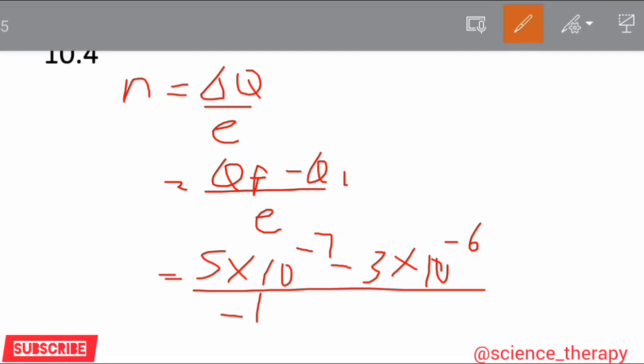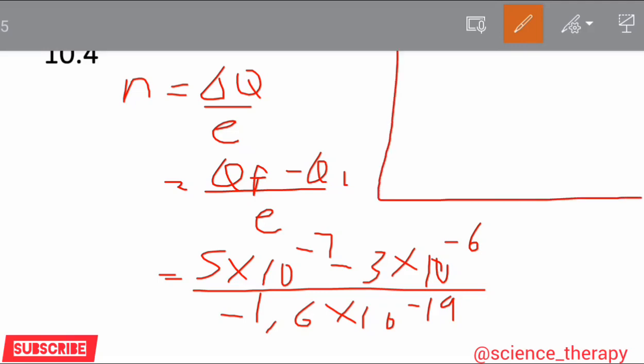So here we need to divide now by negative 1.6 times 10 to the power of negative 19. Why? Because that negative from the numerator and the negative from the denominator will now make our n a positive. So that's the manipulation that you have to know.